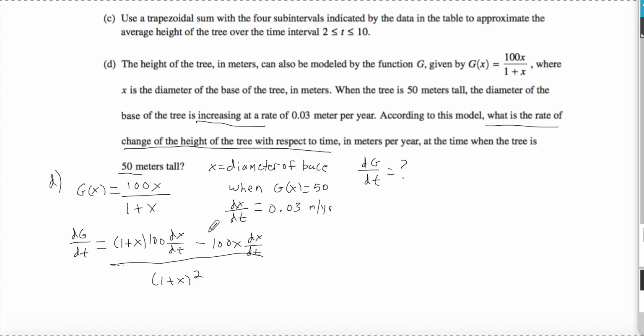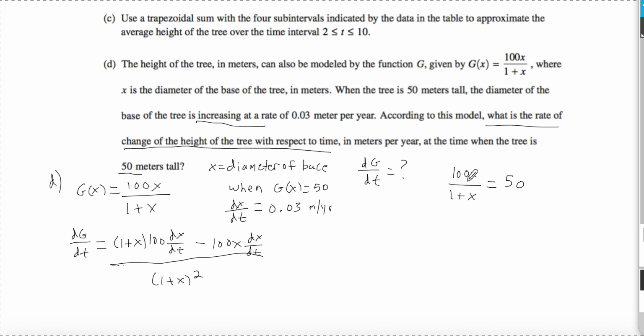Now, I want to figure out dg dt. I know dx dt, that's easy to plug in. I'm just missing x. So how do I figure out what x is? Well, I want to figure out this rate when the tree is 50 meters tall. In other words, I want the rate of change of g when g, the function I already have for the height of the tree, is 50. So what is it going to take to make this happen?